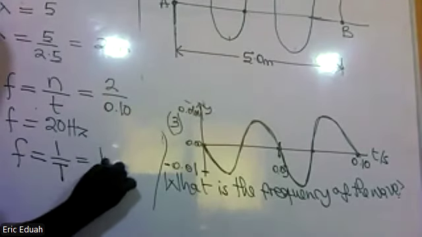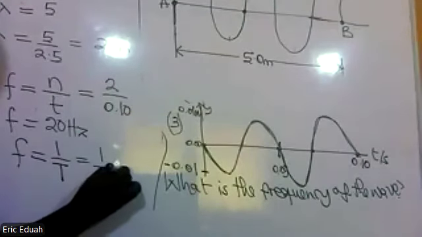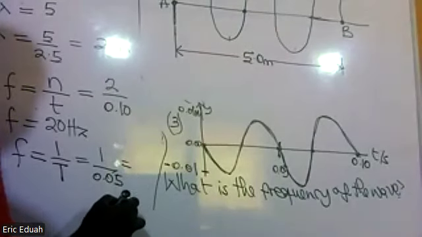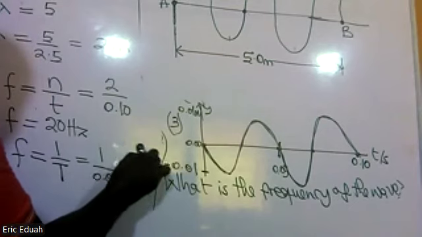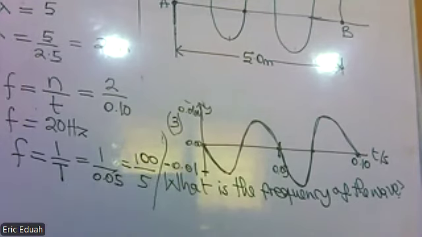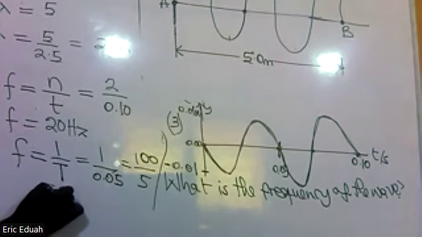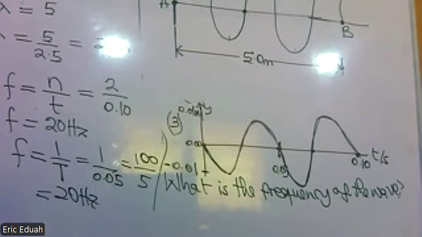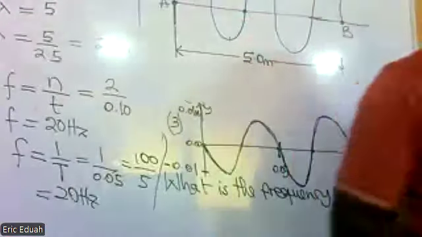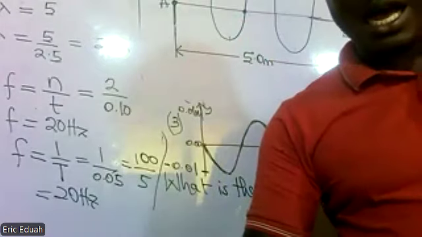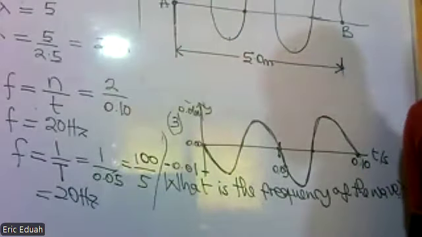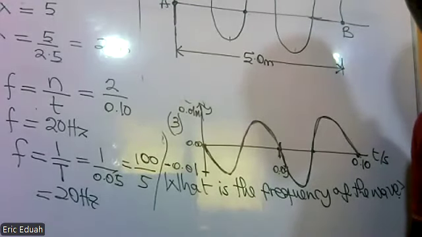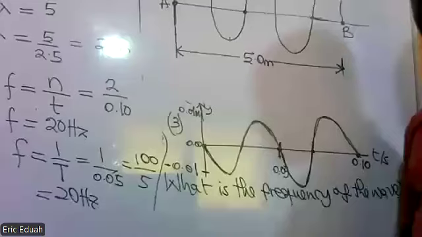So 1 divided by 0.05 is 100 divided by 5, which also gives us 20 hertz. Both ways would give you the same results. So that is a typical application of whatever we have done. Any question? No question. All right.